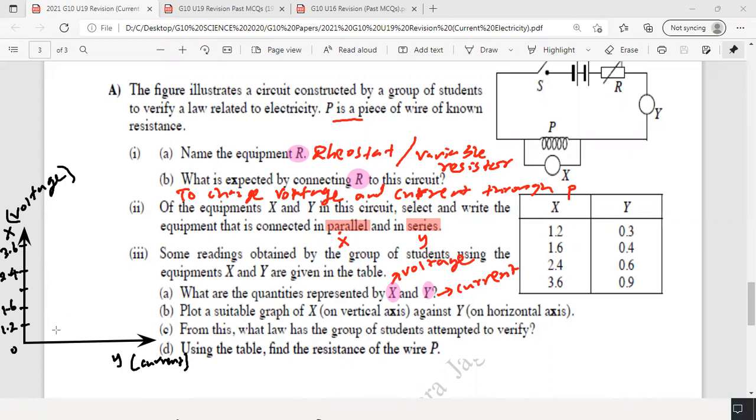Then here the values will be 0.3, 0.4, 0.6 and 0.9. For labeling the axis also they will give marks. Your current.